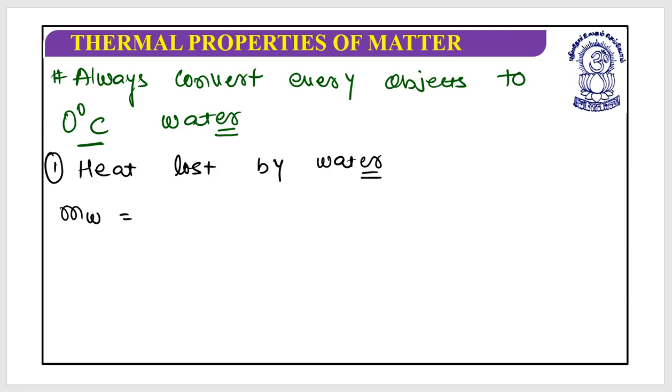So the mass of the water in our case is 20 gram, and the temperature of the water currently is 50 degrees Celsius. So to bring this to 0 degrees, what it needs to do is, it is at 50 degrees Celsius and it is already water.